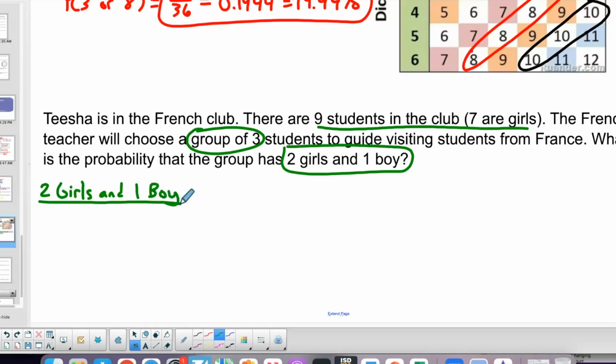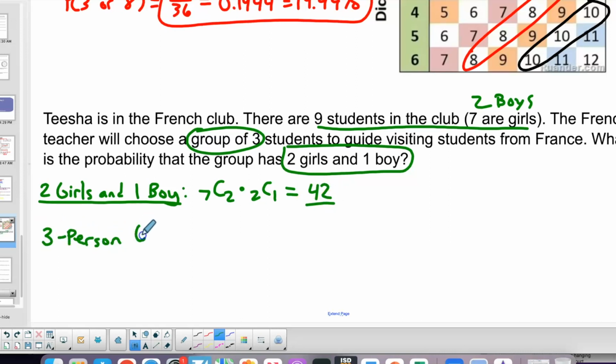So the number of girls is 7, and we need to choose 2 of them. And that means that there must be 2 boys, and I want to choose 1. If you do that, you get 21 times 2, so 42. There's 42 ways that can happen. Then we need just the number of 3-person groups if we do not care what gender they are. So there's just 9 people, and we want to choose 3 of them.